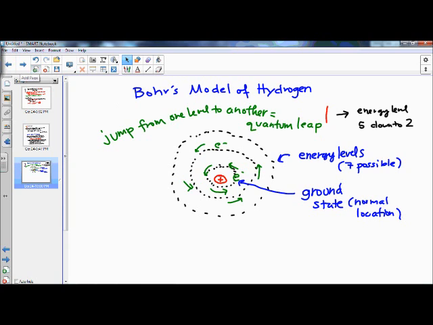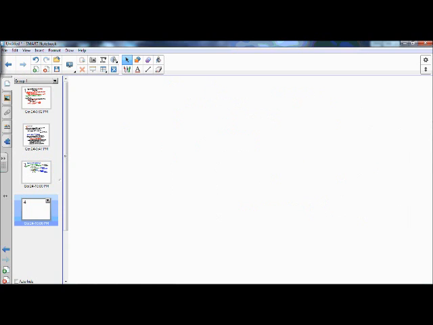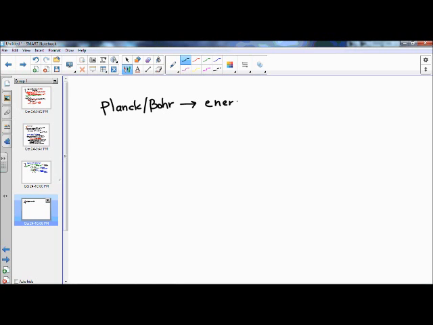So Planck and Bohr said that energy came in pieces. They're called quanta. Well, Newton and Maxwell said that energy was a wave.